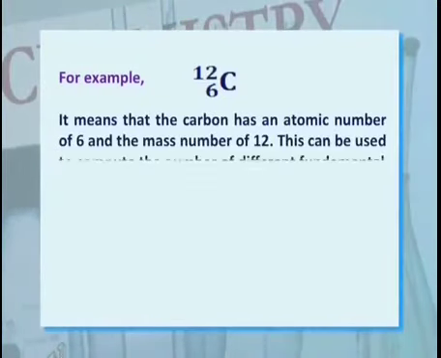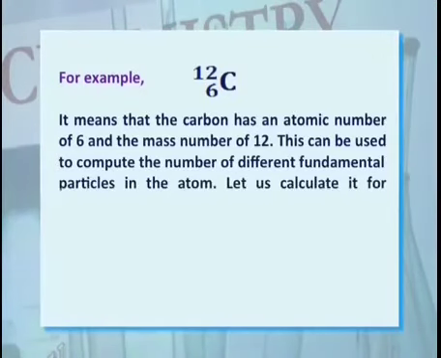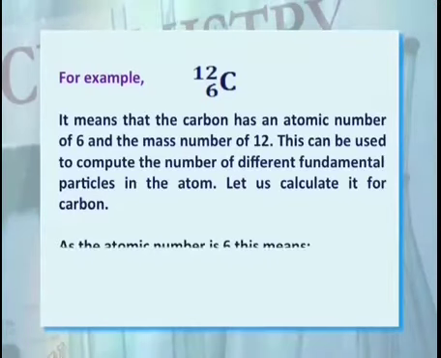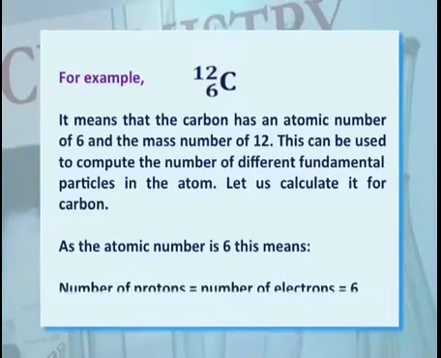This can be used to compute the number of different fundamental particles in the atom. Let us calculate the electrons, protons and neutrons for carbon. As the atomic number is 6, this means number of protons is equal to number of electrons, that is equal to 6, because it is a neutral atom.